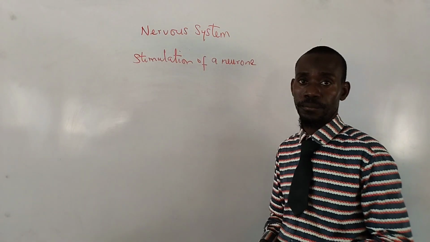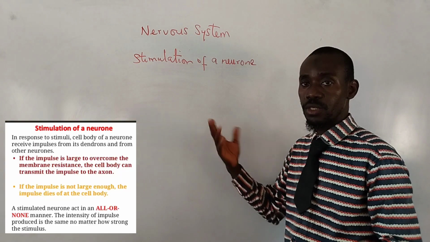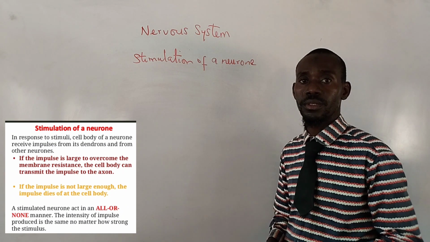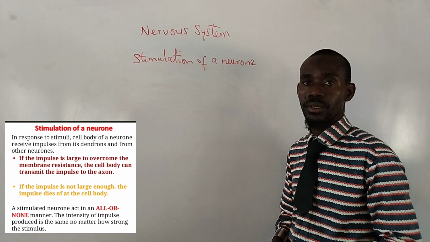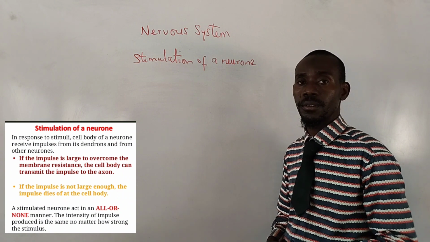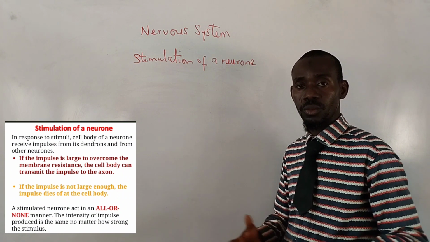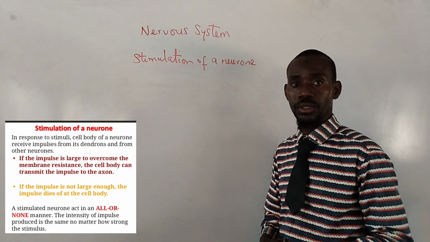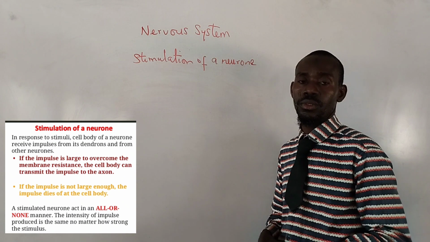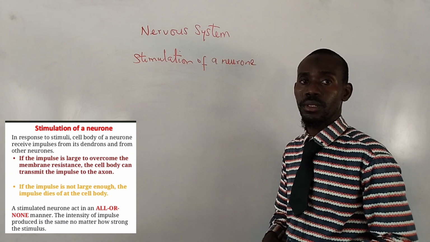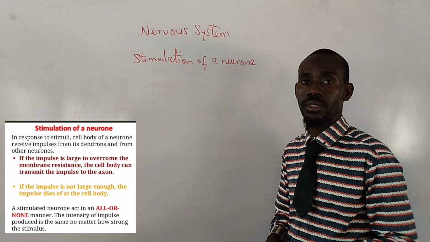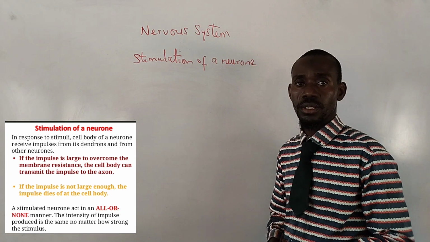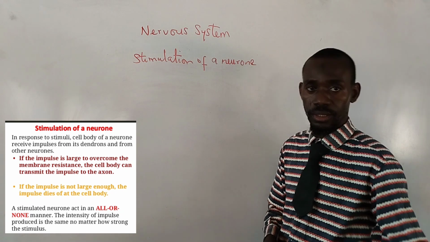Stimulation of a neuron. In response to a stimulus, the cell body receives electrical impulses from the dendron. And when this impulse received by the cell body from the dendron is large enough to overcome the membrane resistance, then the cell body transmits the impulse to the axon.